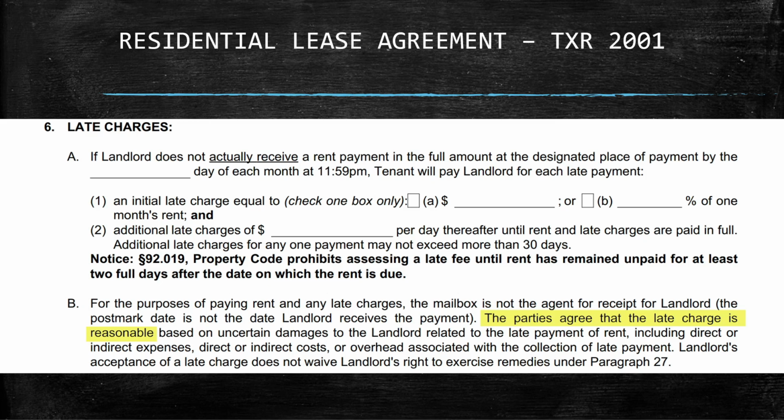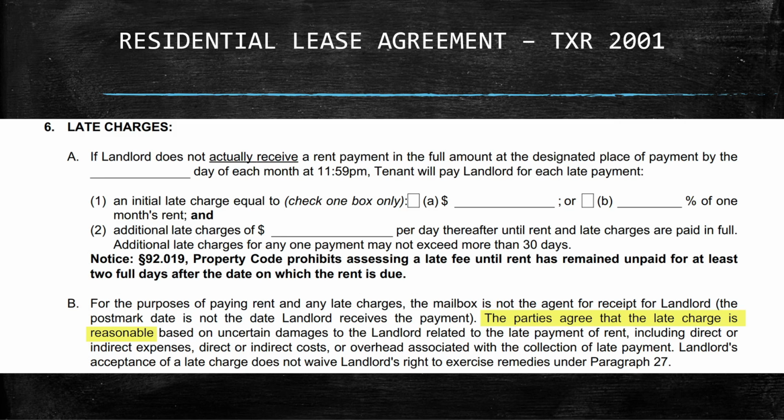The parties agree in paragraph 6B that the late charges that they have agreed to up in 6A, they agree that the late charge is reasonable based on uncertain damages to the landlord related to the late payment of rent, including direct or indirect expenses, direct or indirect costs, or overhead associated with the collection of late payment.